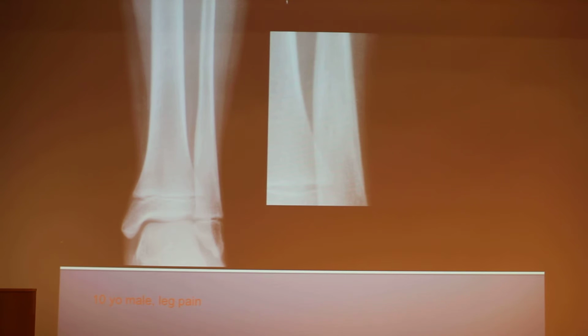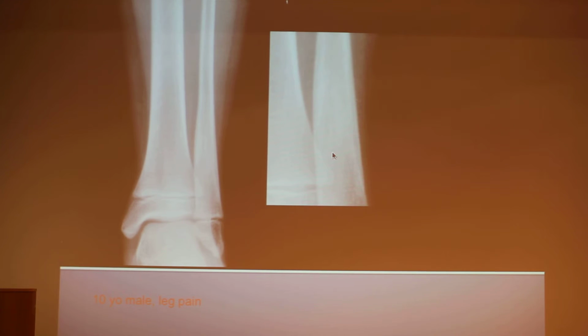So another case, a 10-year-old male with leg pain. So let's get back to Caesar what's his due, because my brilliant colleague found this area of lucency here. I'm not sure I would have seen it, honestly.